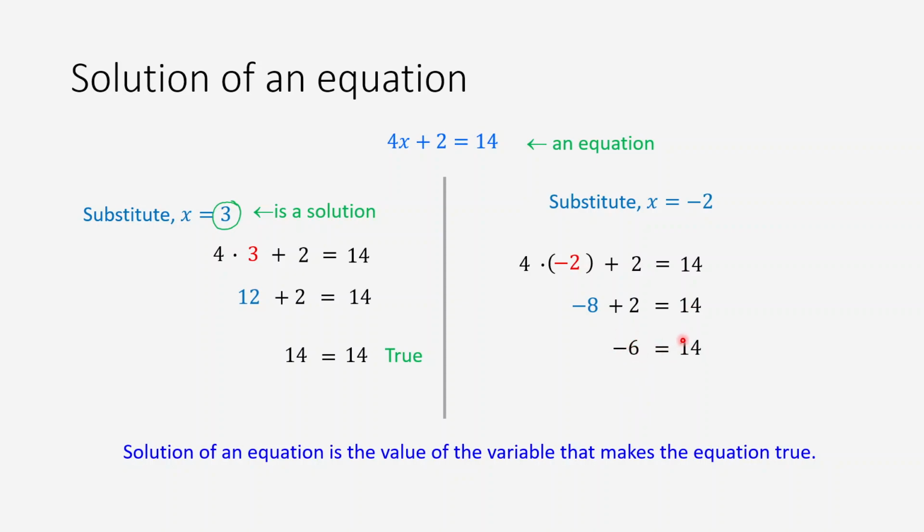The left hand side and the right hand side are not the same. So this is not true. So this -2 makes this equation not true. So -2 is not a solution to this equation.